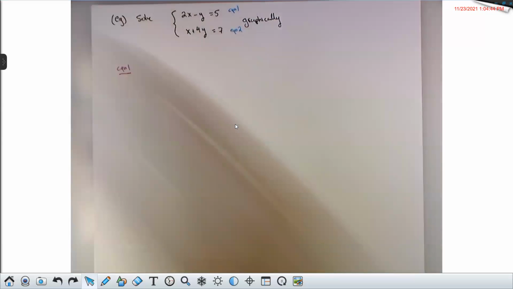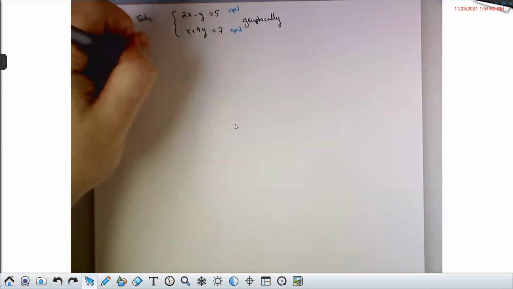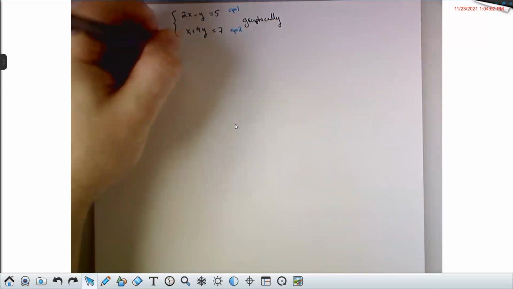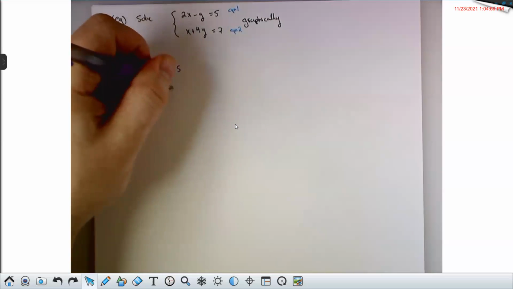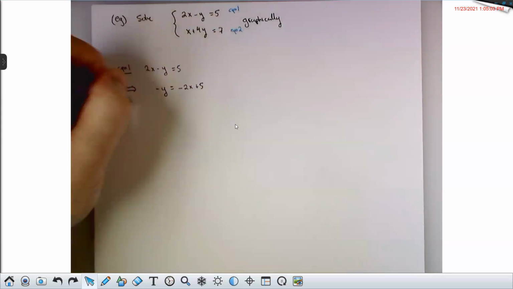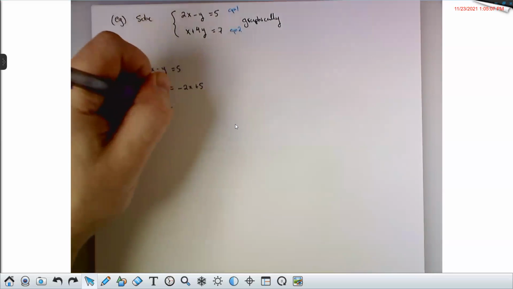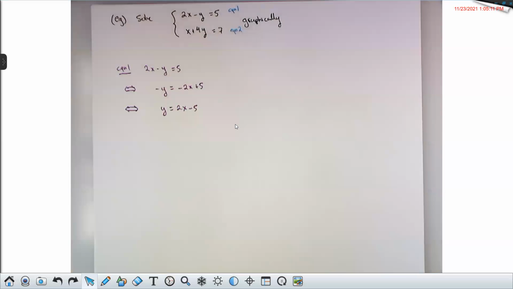I think the easiest way to graph either of these would be to put them into that y equals mx plus b form. So I have 2x minus y equals 5. This means that negative y is equal to negative 2x plus 5, and that means that y is equal to 2x minus 5. So this is a line with slope 2 and y-intercept negative 5.